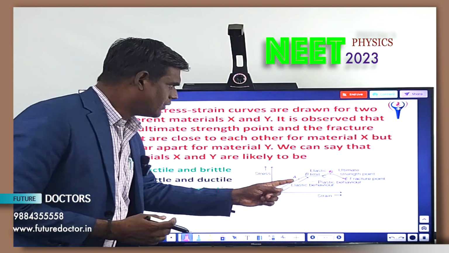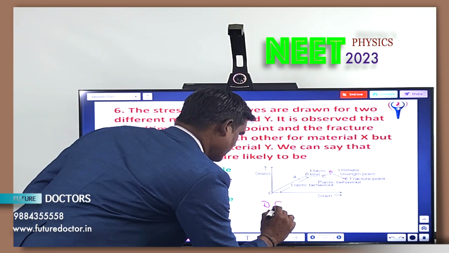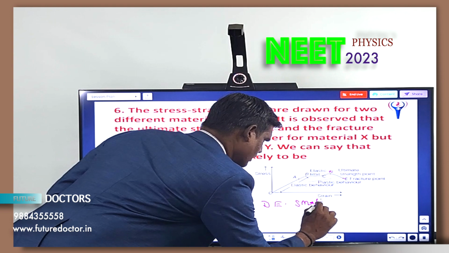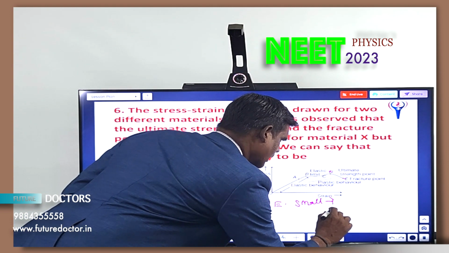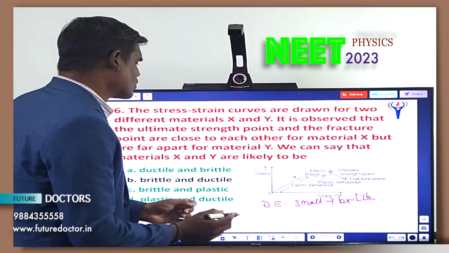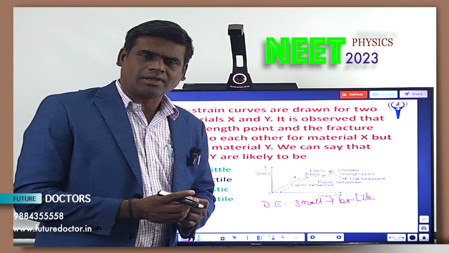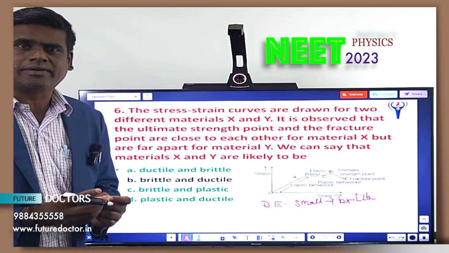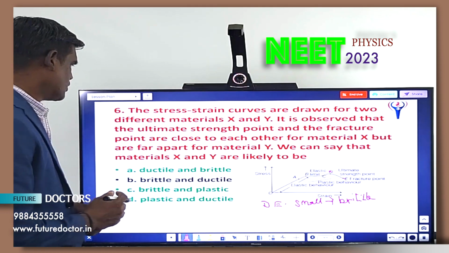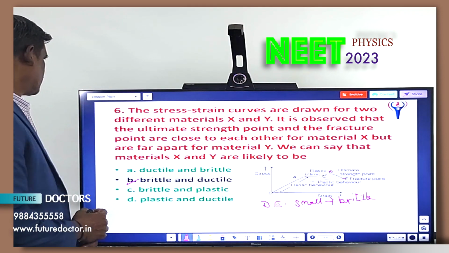So if the D and E distance is very small, then it is brittle. And if D and E is large, then it has an elastic nature, that is high elasticity or high ductility or high malleability. So option B is the correct answer.